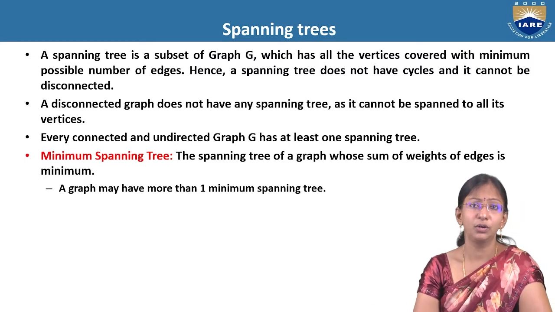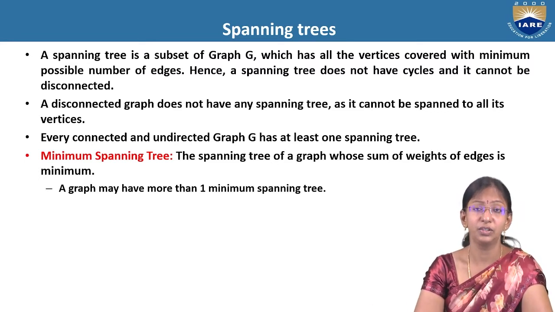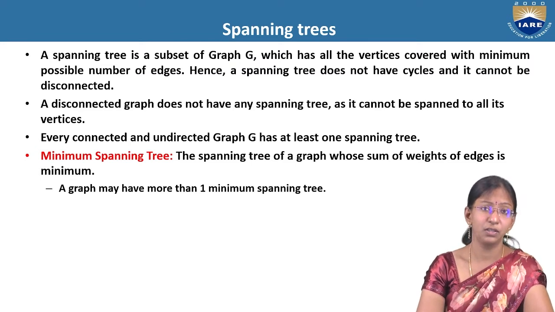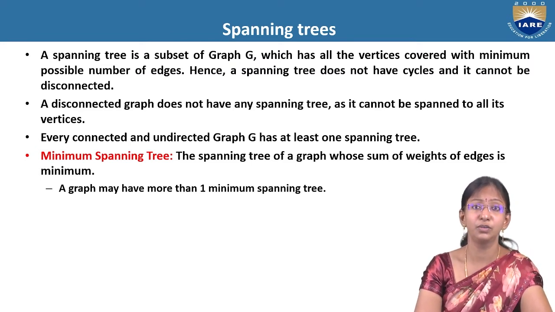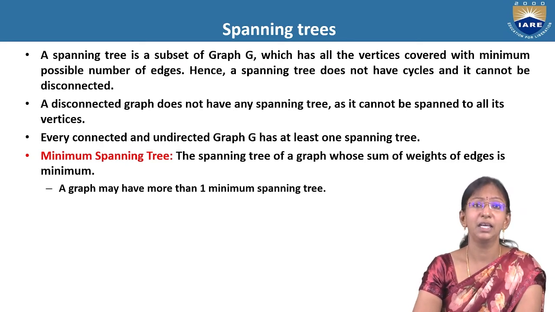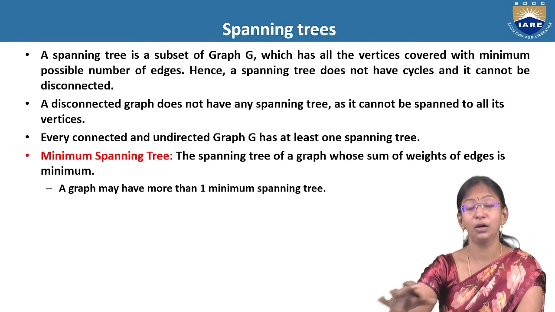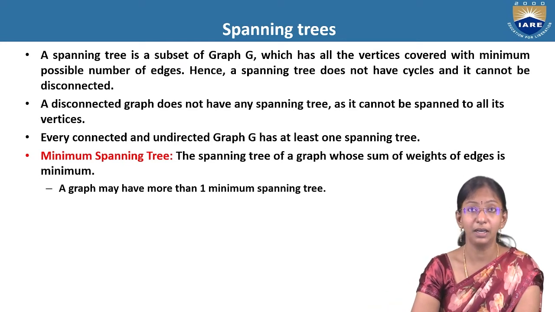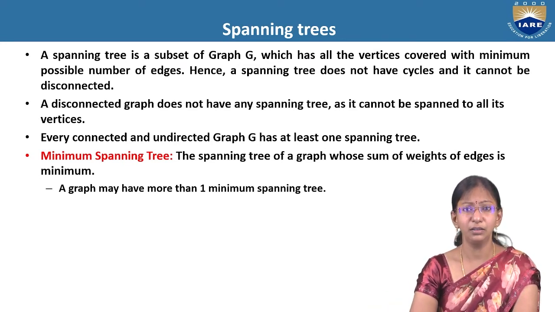So let's talk about spanning trees. Then what are these spanning trees and how are they connected to a graph, right? A spanning tree is nothing but a subset of nodes in a graph in such a way that it is a tree. The final output is a tree out of a graph and it is a connected one.